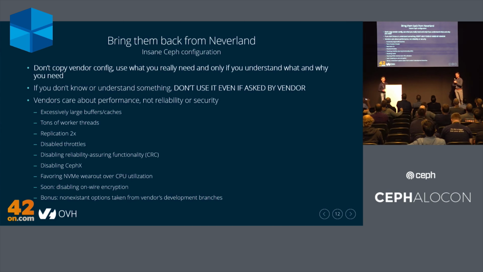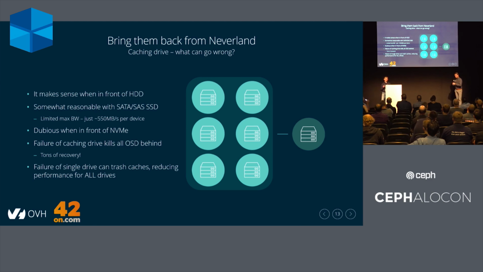And why you shouldn't put a caching drive in front of NVMe drives? Because NVMe drives are very fast already, and actually Ceph at this point, we are hoping it will fix it in future, can't utilize NVMe drives to its fullest. I think even QLC drives are not easily beaten by Ceph.